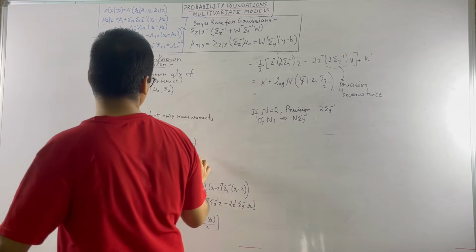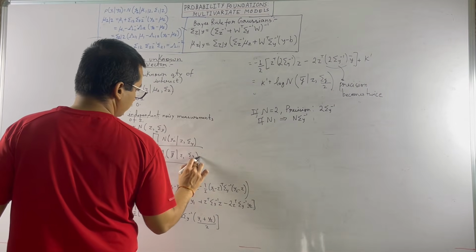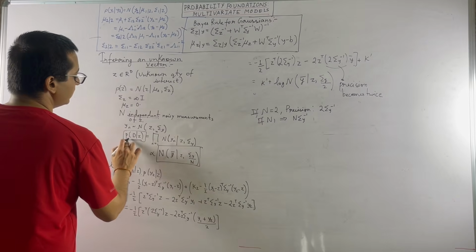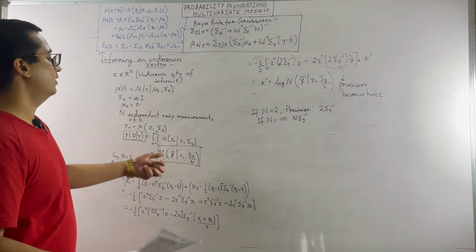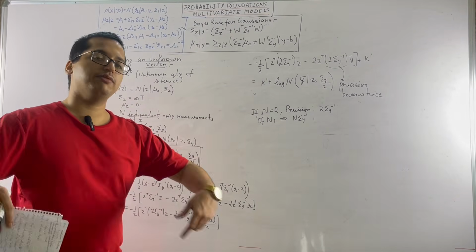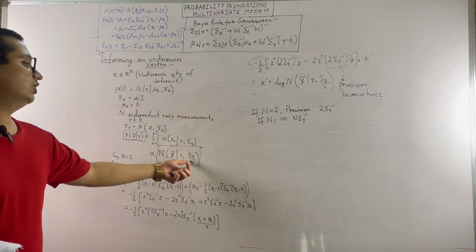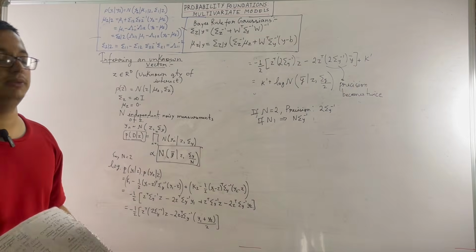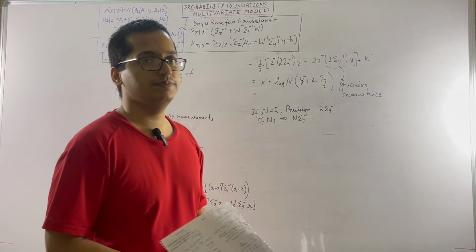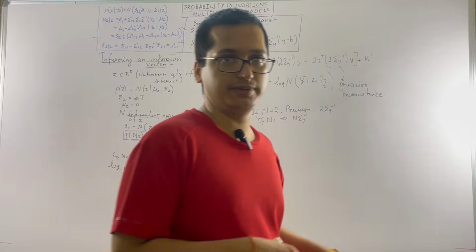So that is why we wrote this proportion: p of d given z, we can think of it as analogous to drawing y bar, my sample mean, from a Gaussian distribution whose precision is significantly better, n times the precision of the measurement sigma y.